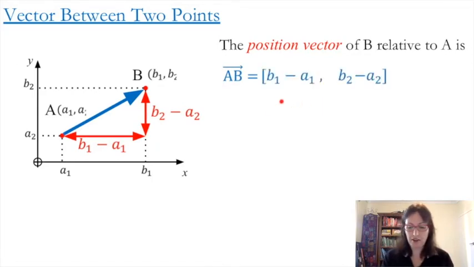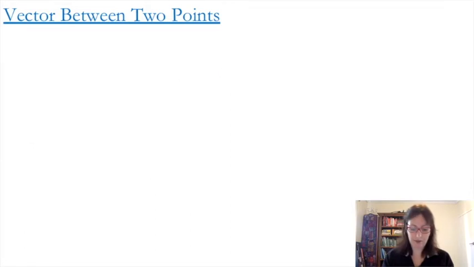And this is how we would write that out. So the position vector of B relative to A, it's a subtract there. It's the difference between the one that's further along and where you started, and same for the second position.